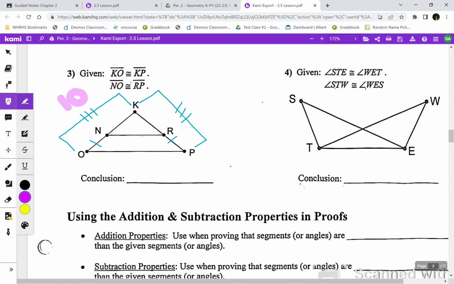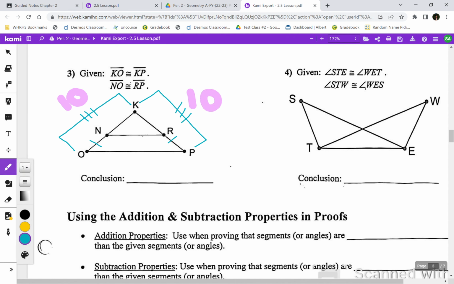If KO is 10 units long, which other segment has to be 10 units long? KP, perfect. All right, let's say NO is 3 units long. If NO is 3 units long, which other segment has to be 3 units long? Amanda? RP. Can anybody now make a conclusion?